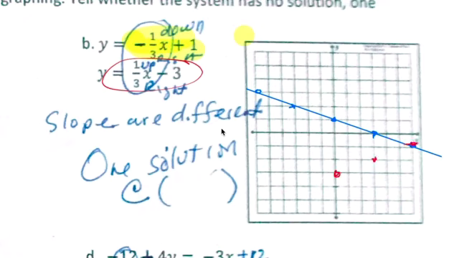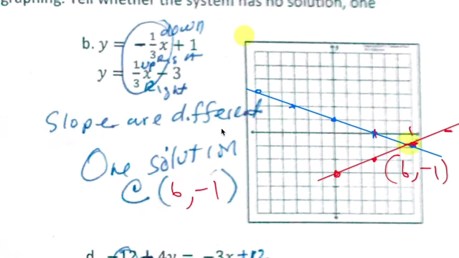Oh, there's the solution. Right at that point. And that point is a positive 6 and negative 1. One solution at 6 and negative 1. We know it's one solution, the slopes are different. Notice before we get graphing, we know what type of solution it is.